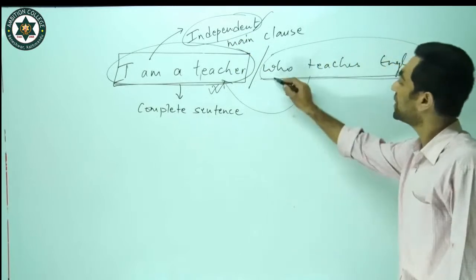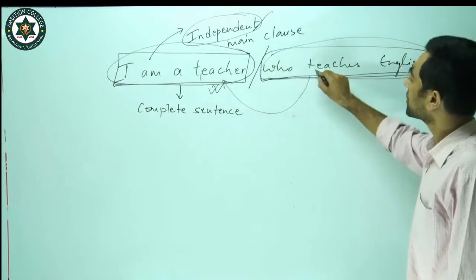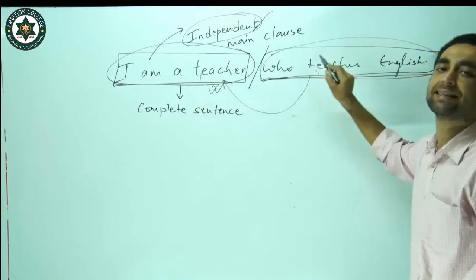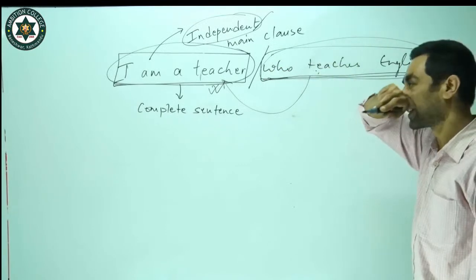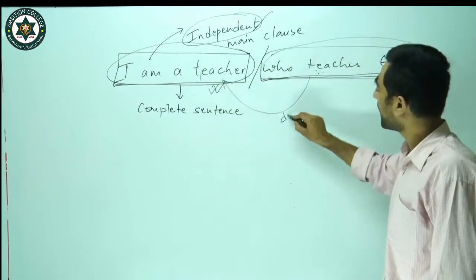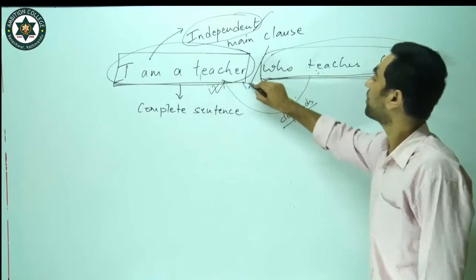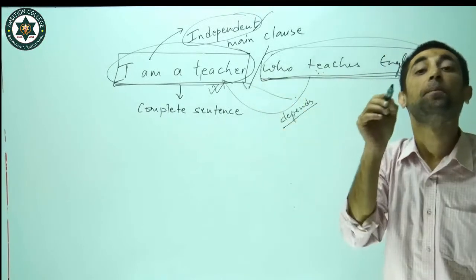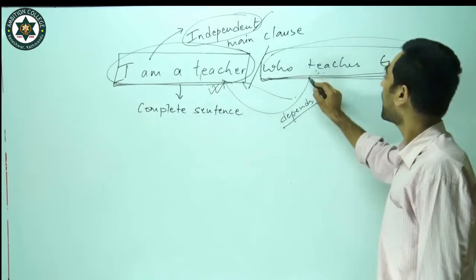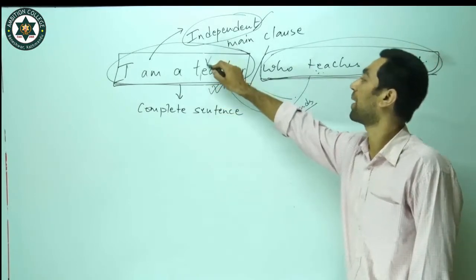And now this part, if we look at it, cannot stand alone in isolation without the other part. This part depends upon that part for its meaning. It cannot be complete without it.